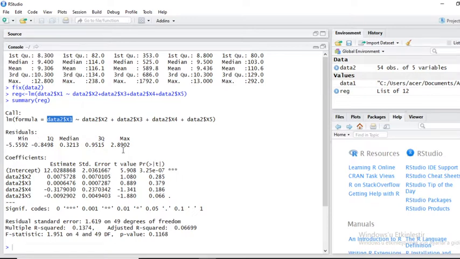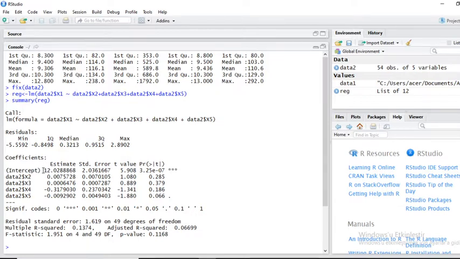So we look at the coefficients object of the list. Summary, as you know, shows some objects within the list. It's a named list, and we look at the coefficients object, the intercept.